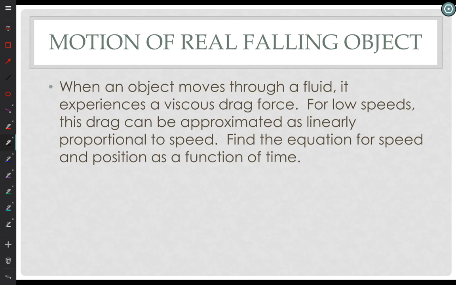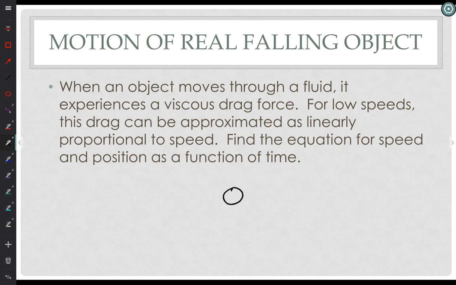So when an object moves through a fluid, it experiences a viscous drag. For low speeds, the drag can be approximated as linearly proportional to the speed. Find the equation for speed and position as a function of time. Now, there is a force aspect to this.